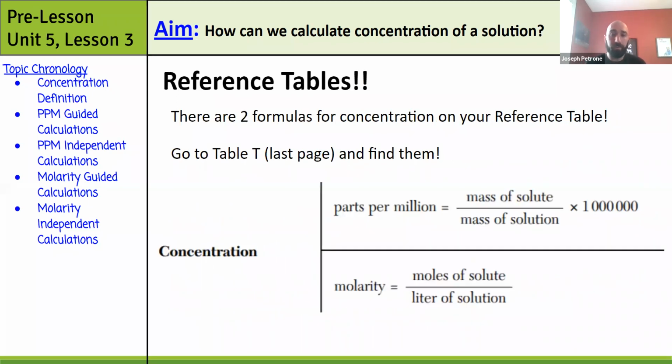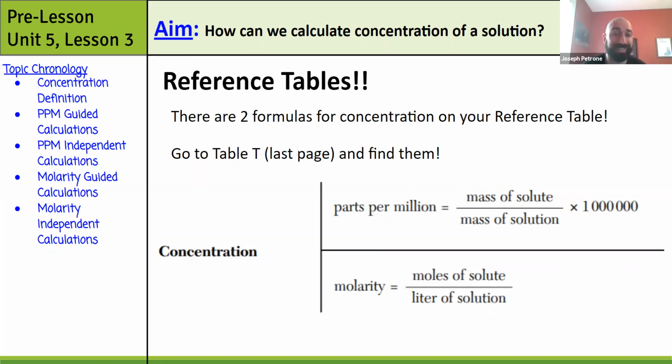So what you're going to need to do is also get your reference table. So either have your printed copy of it or open up a new tab with your reference table. So just go to Classroom, you can find the link there, or just Google chemistry reference tables, and it should be like the first thing that pops up. And if you go to the last page, it is table T, you'll find that there are two formulas for concentration.